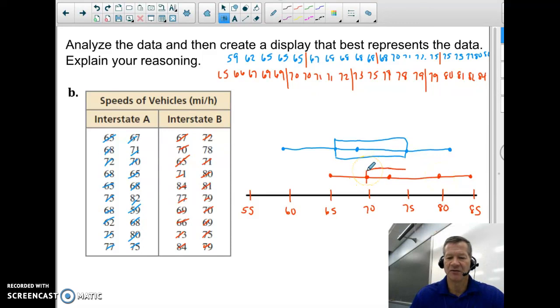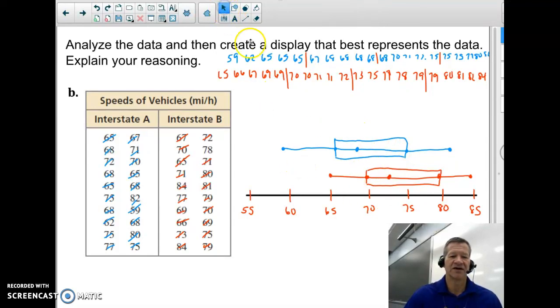So we've got a double box and whisker plot, and what we can see very clearly here to compare the data is that the interstate B data, the speed limits were considerably higher. Okay, the highest was higher, the lowest was higher, and the box, the middle 50%, are definitely higher too. So that's a good way to organize data when you have two different sets, is a double box and whisker plot.